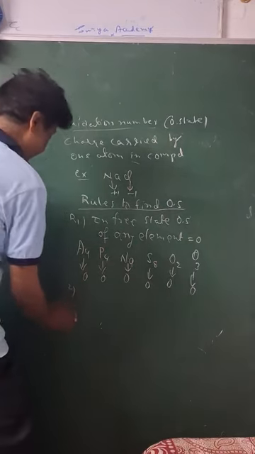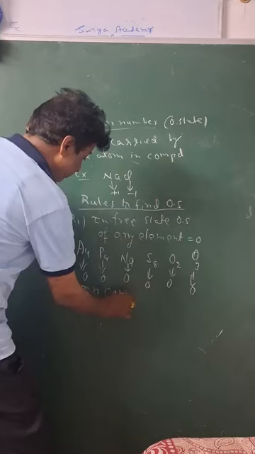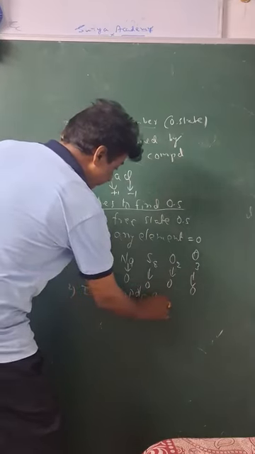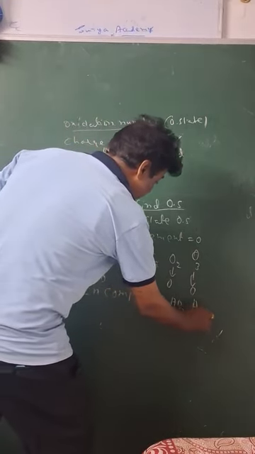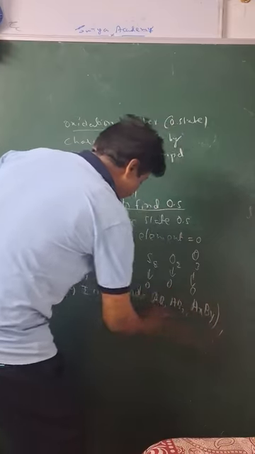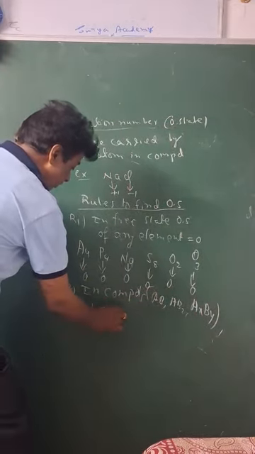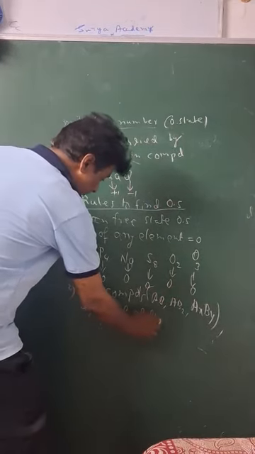Second rule: in compounds, where two types of elements are there, like AB, AB2, AxBy, the oxidation state of alkali metals is +1.